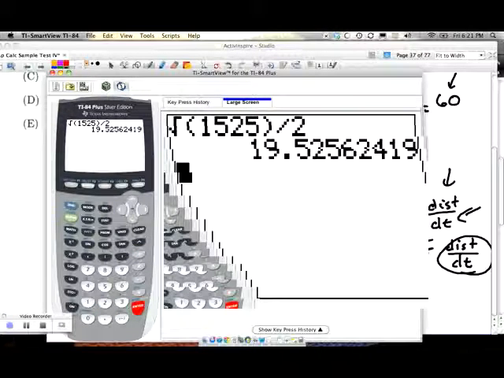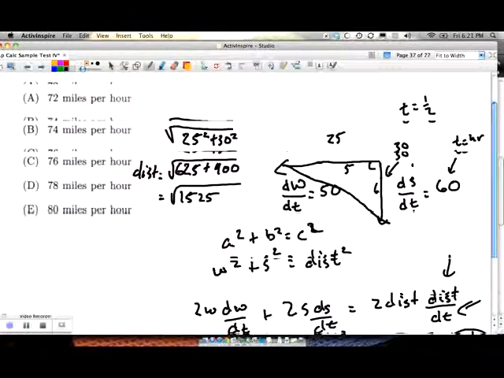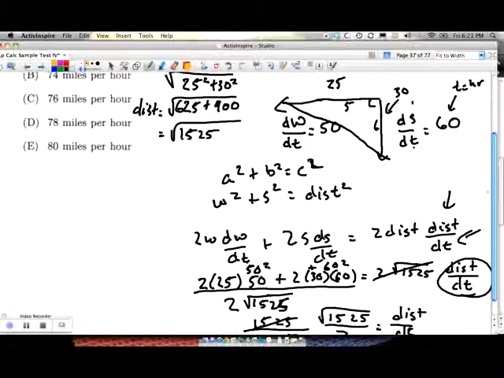Doesn't look like anything they got there. What are we missing? Approximately how fast is distance changing between them at 1/2 hour later? We got 50 squared.